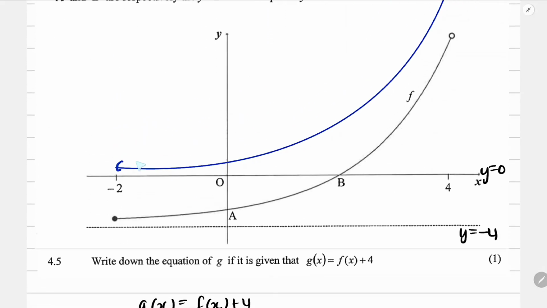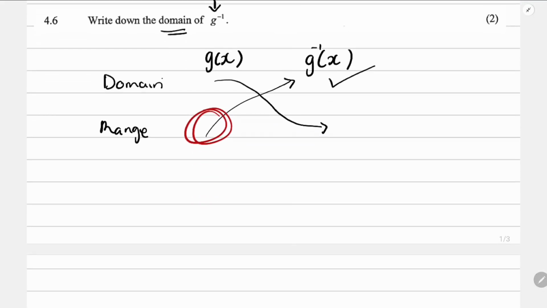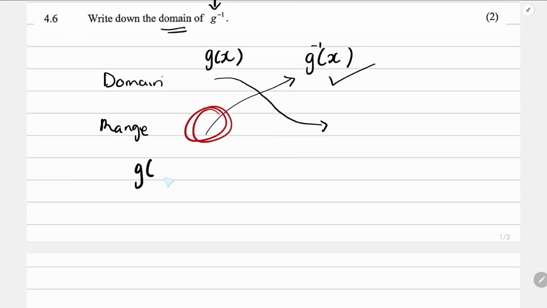The range is going to be found by taking these domain values, the x values, and substituting them into the graph of g. So for -2, we'll substitute -2 as an x value so that we can find out what exactly its y value is. Where is it starting? We'll say g of -2, so we're using the original function, and that's where I made a mistake.